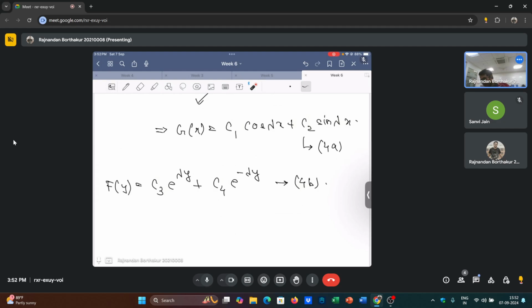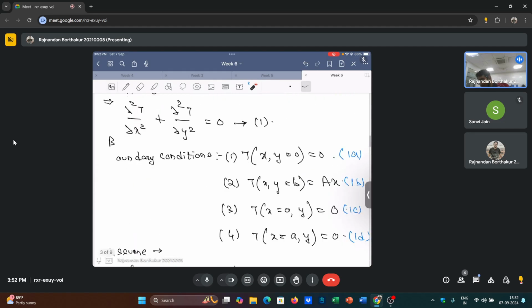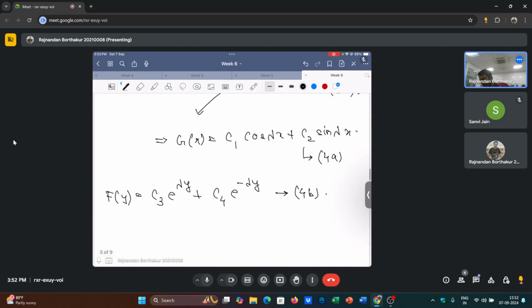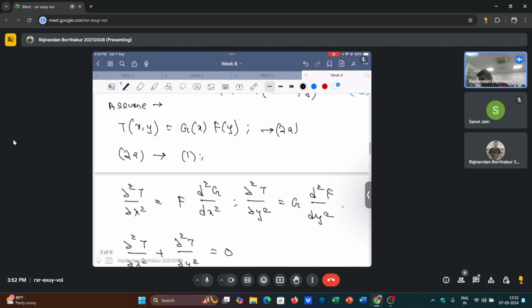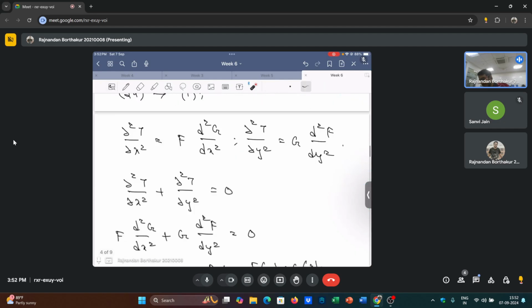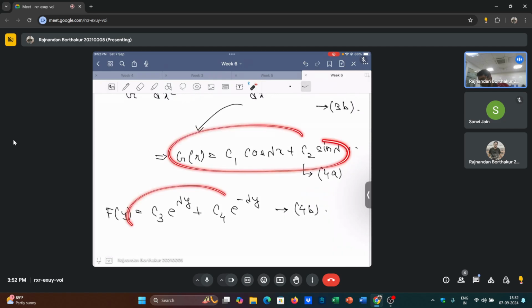Let's say we use these two boundary conditions first; we first solve this equation and then we'll go to this equation.